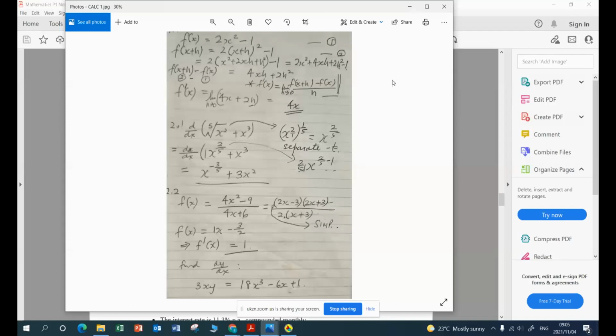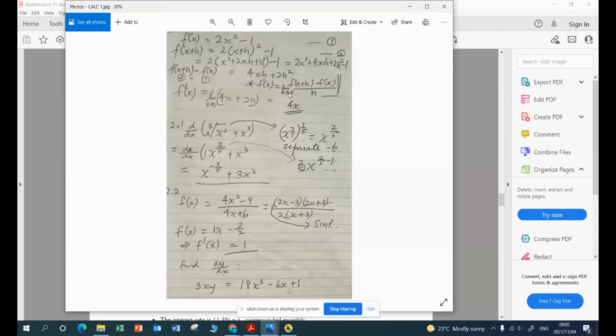Now, if that expression is divided by h, limit h approaches 0, that will give you the definition of f prime x. So f prime x is equal to f of x plus h minus f of x over h, limit h approaches 0.